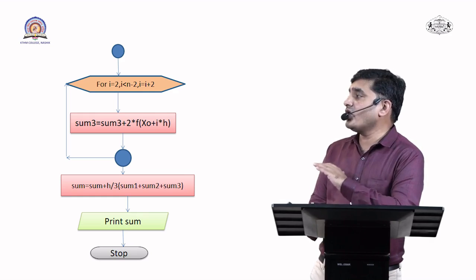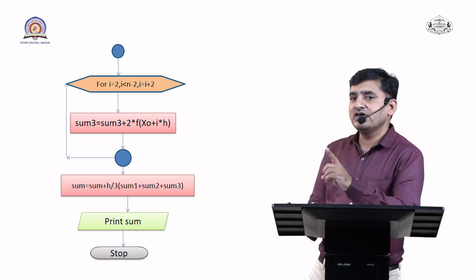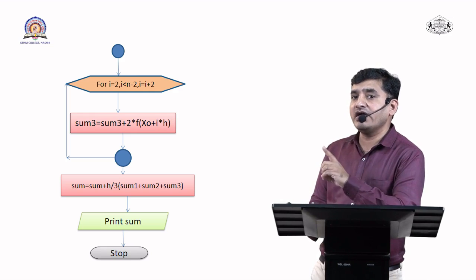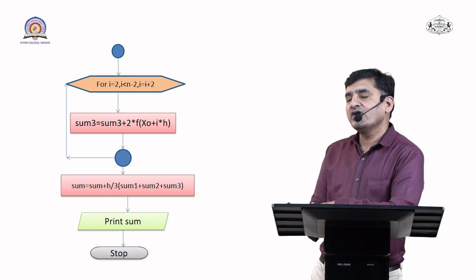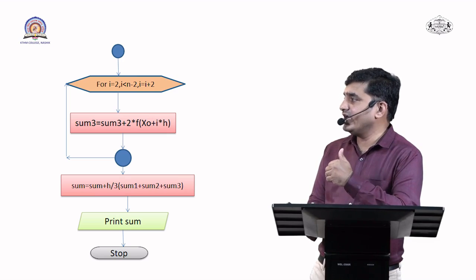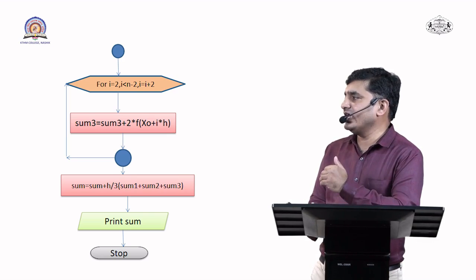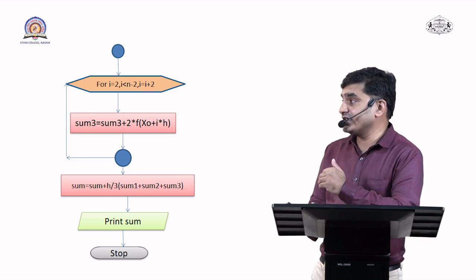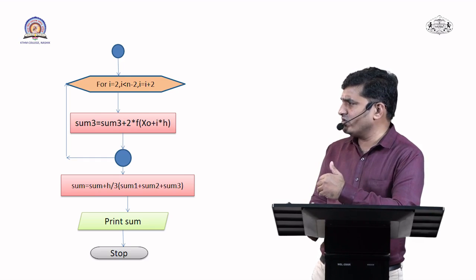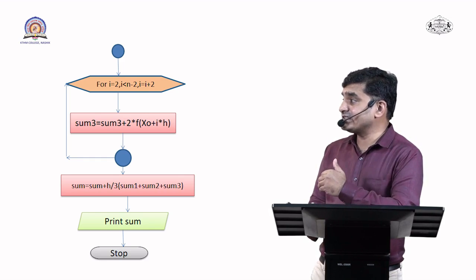So we get all even terms, that is y2, y4, y6 and so on up to yn minus 1, or simply f of x0 plus 2h, f of x0 plus 4h.